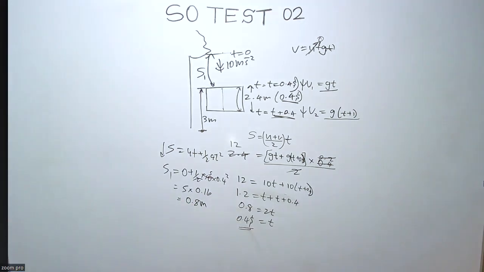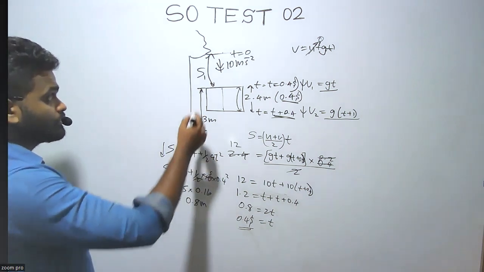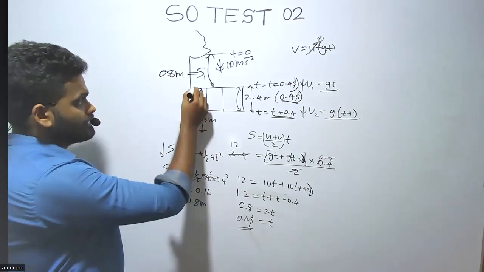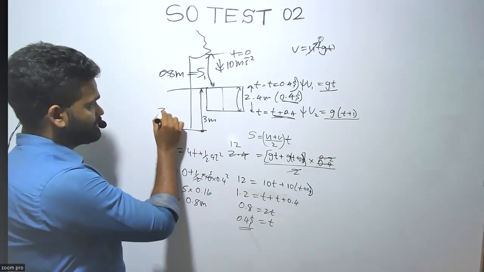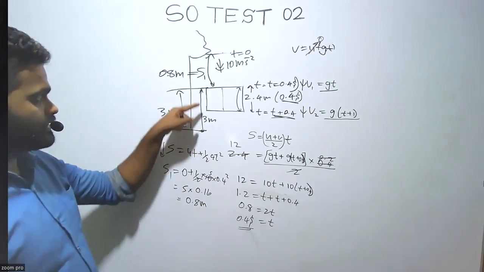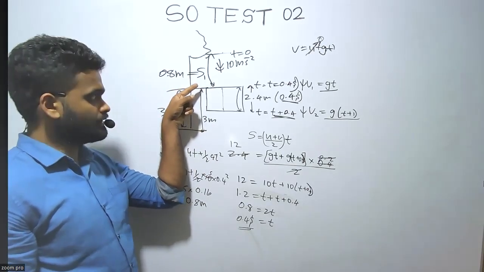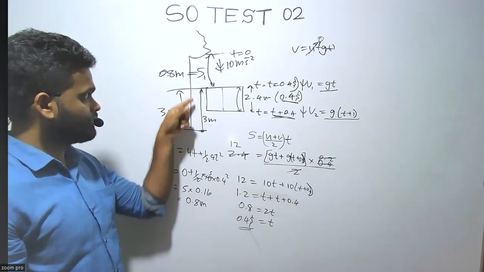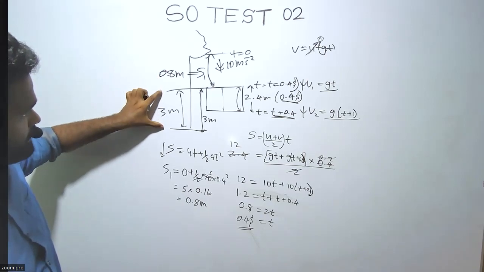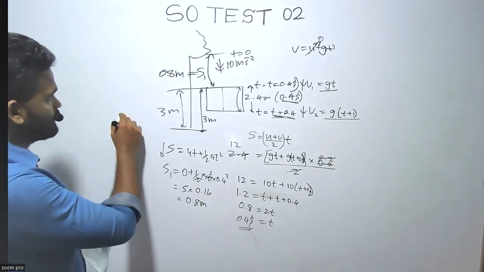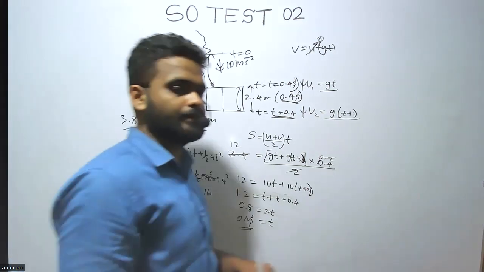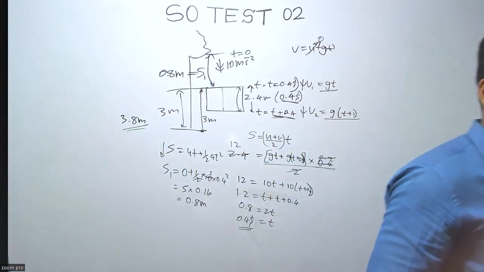So we know this distance is 0.8 meters. Then this distance is 3 meters, the distance to the top edge of the window. Then this distance is 0.8, so the whole distance should be 3.8. So 3.8 meters is the height of the mango tree. Got it?